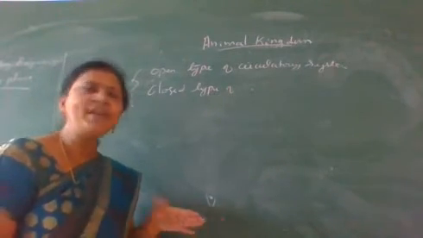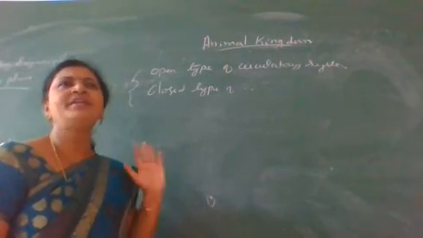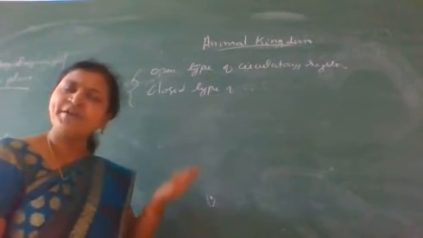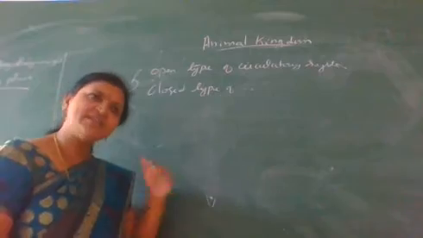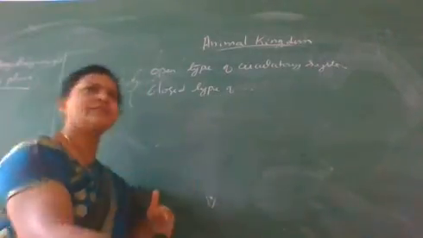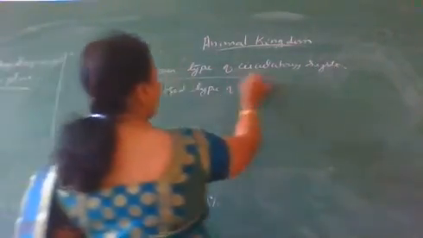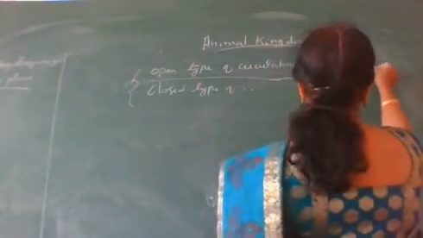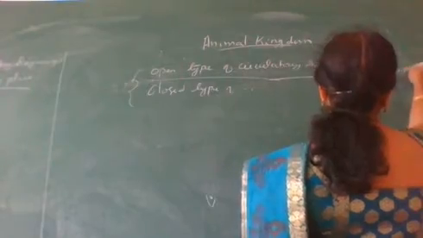There is no definite channel to carry the blood. So the blood flows through the cavities or spaces where the cells and tissues are bathed. That is called open type of circulatory system, as in case of arthropods.